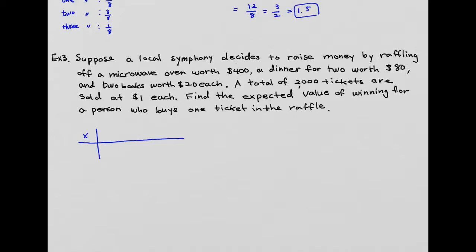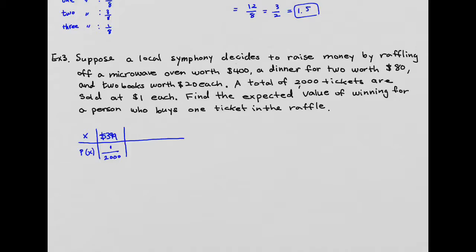Because the person already spent $1 to buy a ticket, even if you win a $400 microwave oven, you're actually gaining only $399, right? And you have 1 of that, 1 out of 2,000 tickets. So this is going to be the probability of getting X. And your X is earning $399 for the first one.